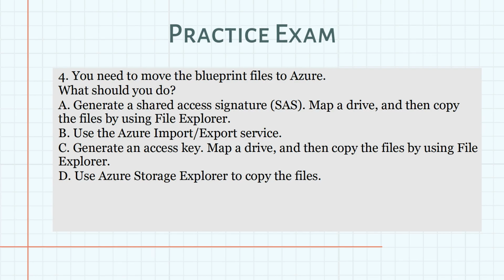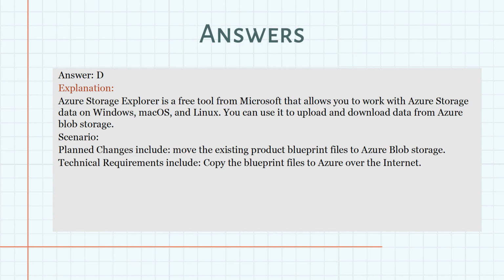C. Generate an access key. Map a drive, and then copy the files by using File Explorer. D. Use Azure Storage Explorer to copy the files. Check for the correct answers.